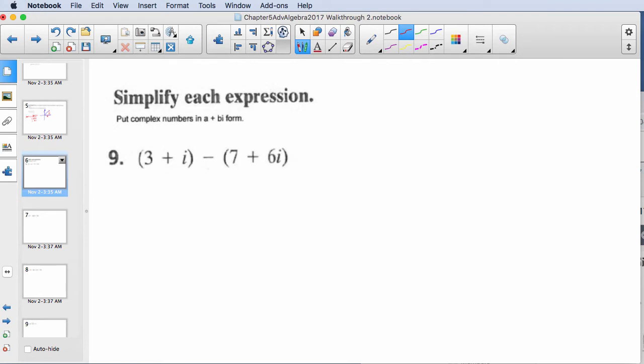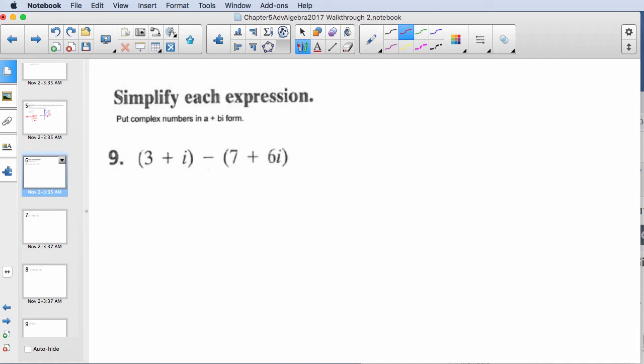Okay, for this problem, we're asked to write the complex number in a plus bi form. Remember, complex numbers are no more complex than any other numbers. And so in this case, we manipulate the expression the same as if i were not a number, but rather a variable, and we just combine like terms.